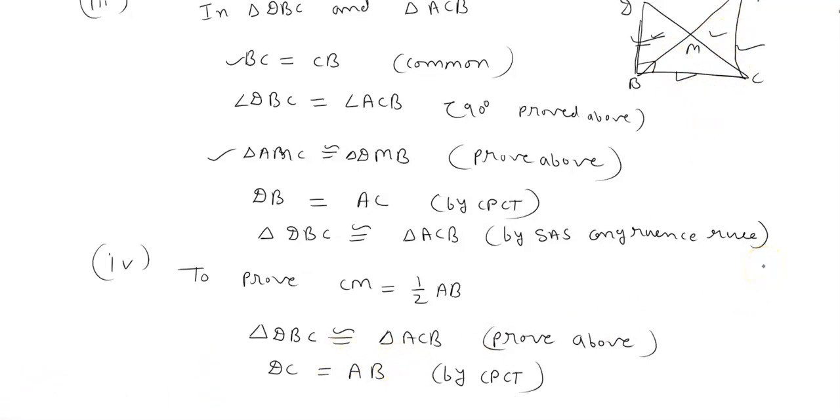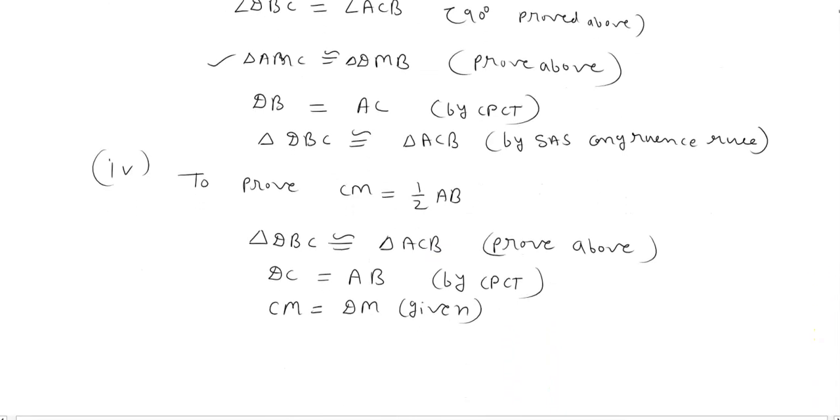Now AB is equal to AM plus BM, and DC is equal to CM plus DM. Here CM is equal to DM, given in the question.